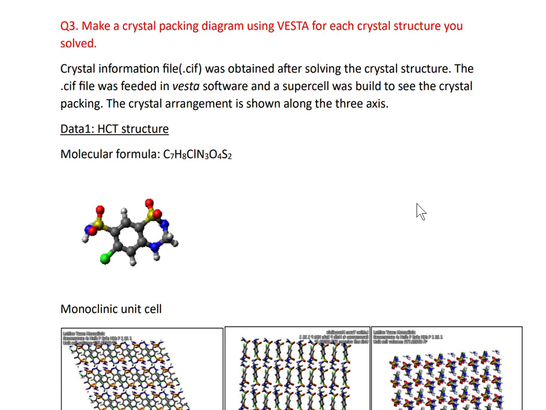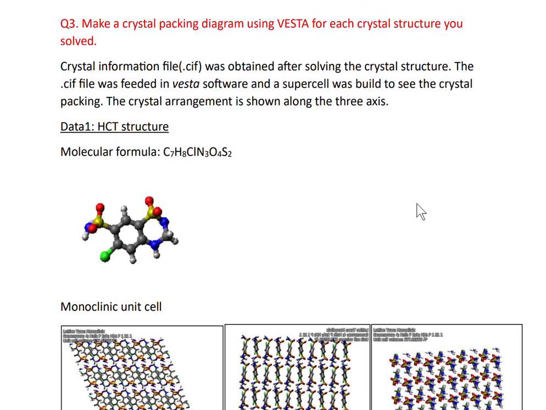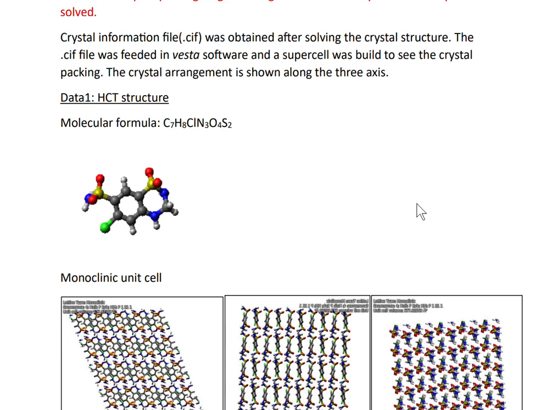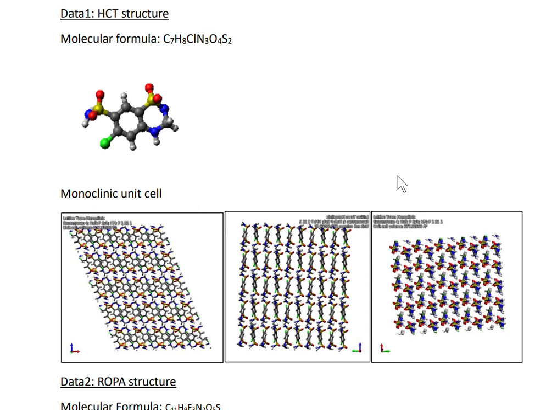So the .zip files that we obtained, we gave it into the VESTA software. The VESTA software is very nice, it spontaneously generated the crystal structure, the crystal arrangement it showed, and for the HCT structure, which has this molecular formula, it crystallizes in a monoclinic unit cell.